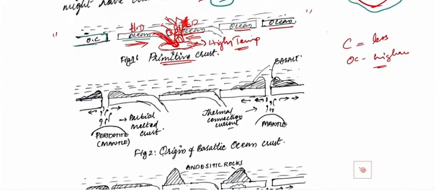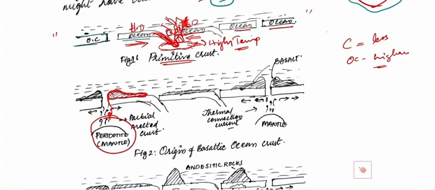In the next figure we'll see this. Due to the mantle, this is the partially melted crust. This is the mantle portion, and this melted crust results in the formation of basalt, due to volcanic activity.